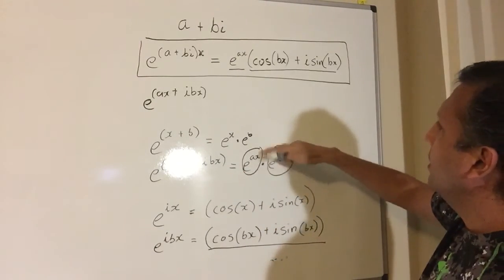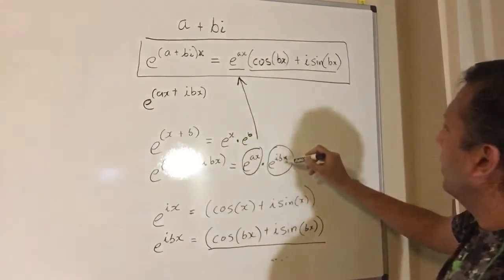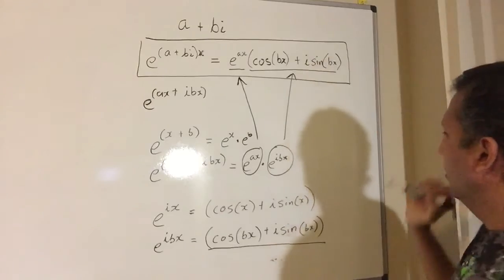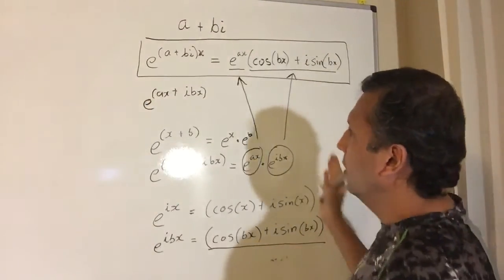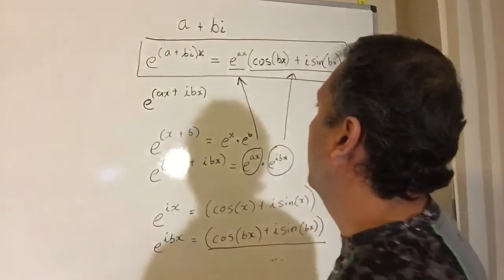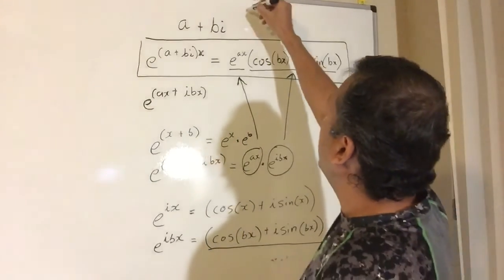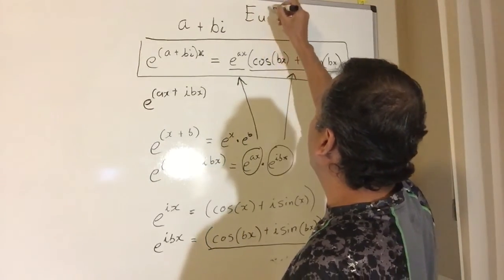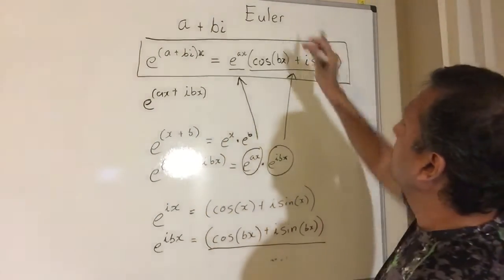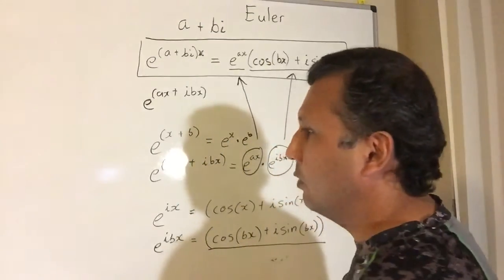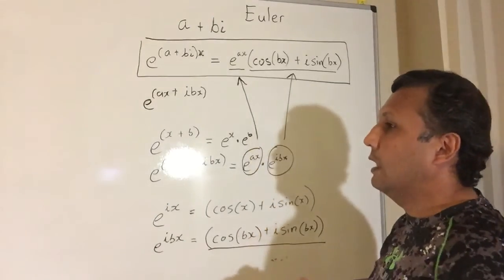So e to the ax is this part here, and e to the ibx is this part here. Okay, so I understand now in my review of this Euler's. Euler is written as E-U-L-E-R. I think that's the way you say it. I don't remember the way it's pronounced, but I think it's pronounced that way.